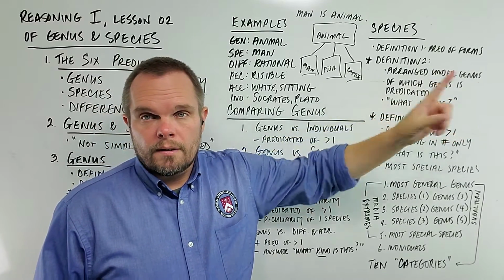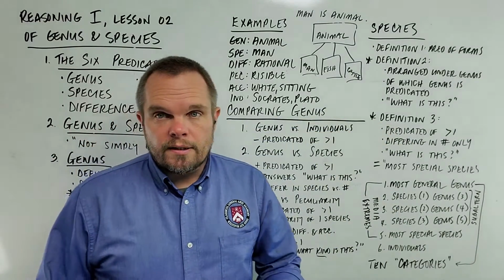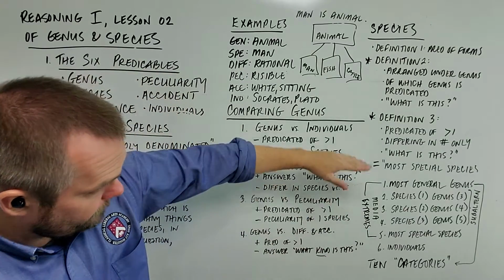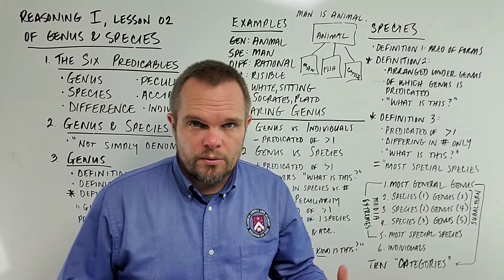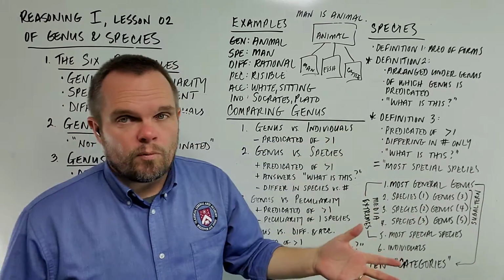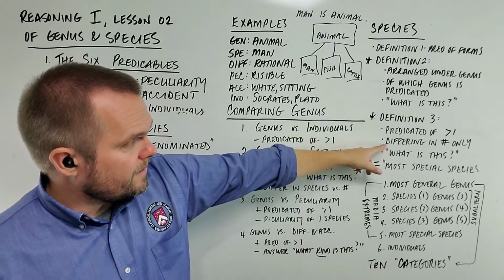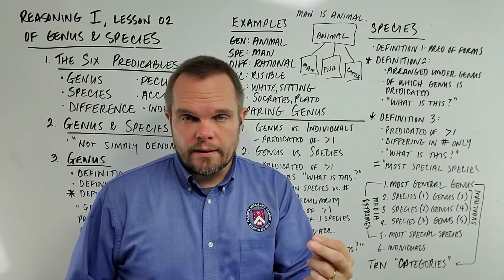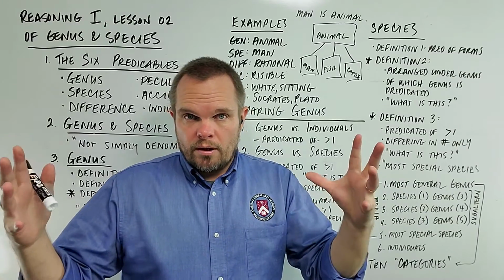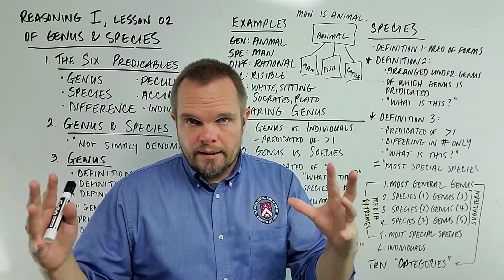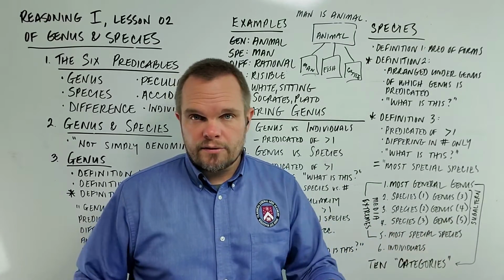But there's one problem with it, and we're going to see what that is. Let's look at the third definition. The third way that species can be used as a word: predicated of more than one thing, good, right? That's exactly what we've been saying. Differing in number only. Remember what that means. Numbers of individuals. So species can only be predicated of things that are different by number only, not different species.